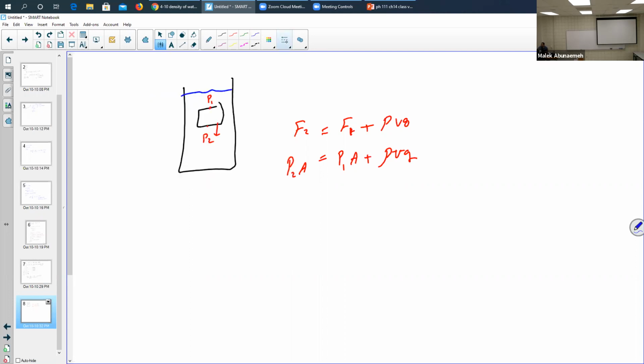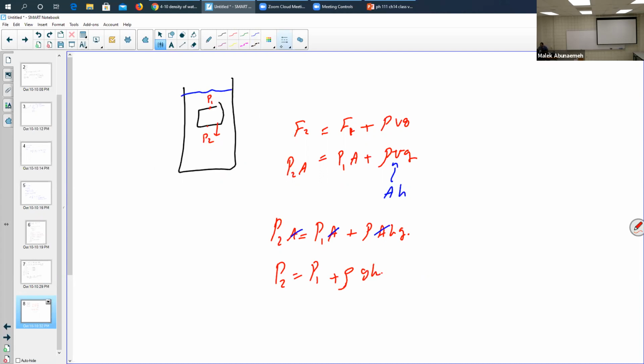And your volume is going to be your area multiplied by your height. So P2A is going to equal P1A, pressure 1 multiplied by the area, plus rho AHg, which means we can go ahead and cancel our little areas over here. So your final pressure is going to equal your first pressure plus rho gh.